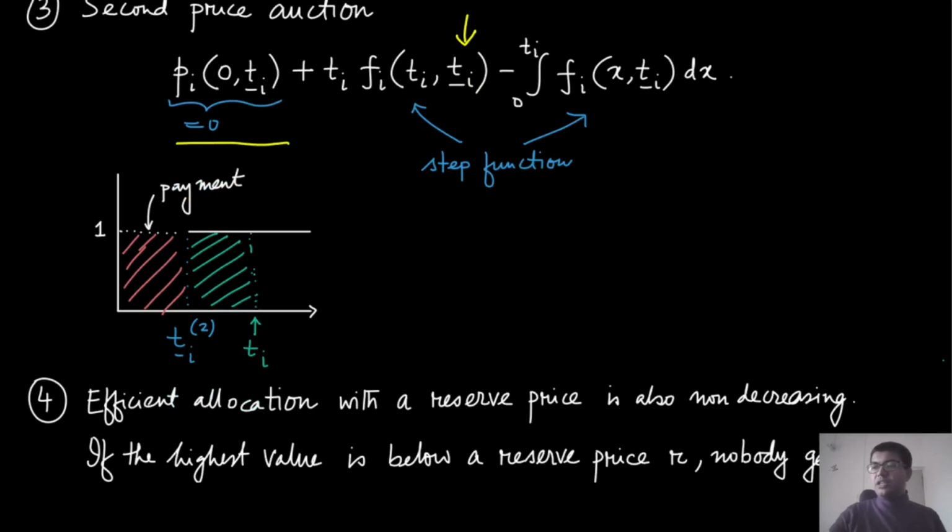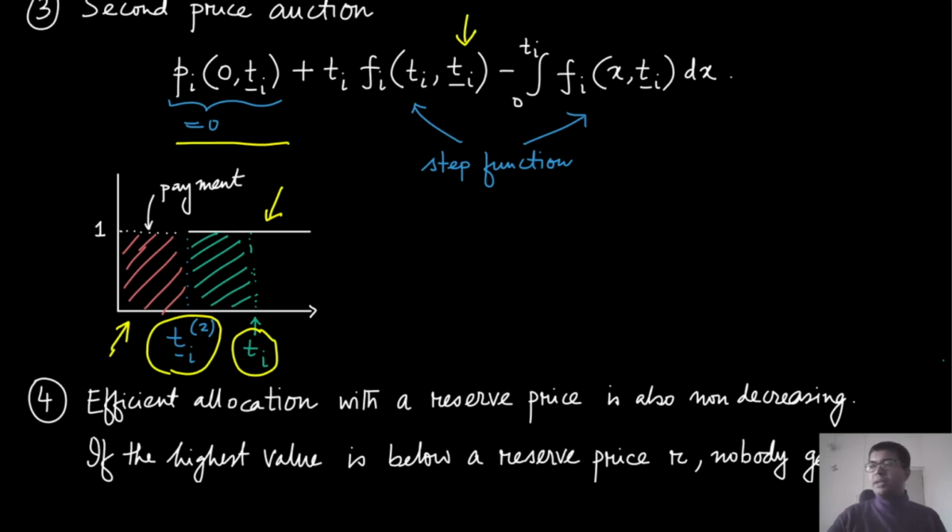The type keeps on increasing, and the moment it is just above the second highest type, the maximum valuation of all the agents except agent i, that is the threshold after which it starts getting the object for sure. Before that it is not getting the object at all. So that is the f_i(t_i, t_{-i}) in the context of the second price auction.